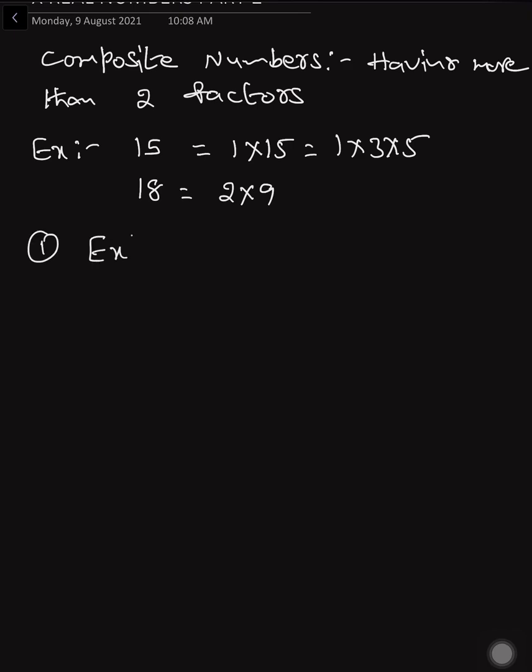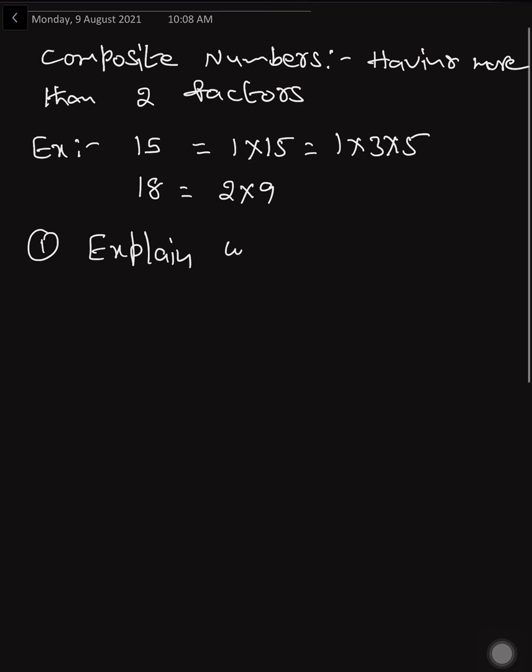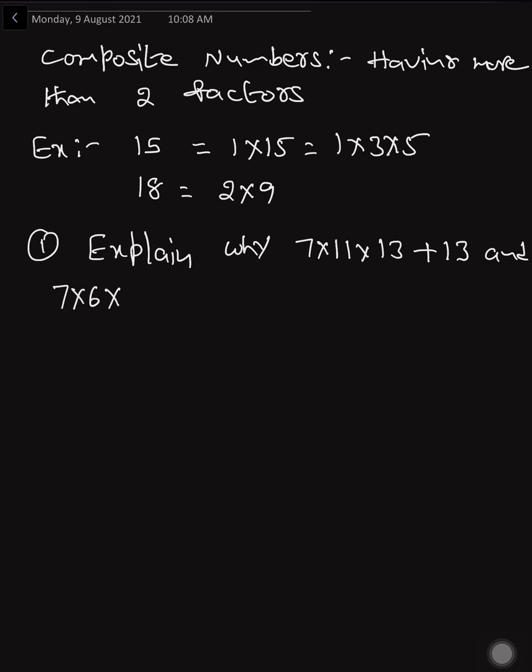Explain why 7 into 11 into 13 plus 13, and 7 into 6 into 5 into 4 into 3 into 2 into 1 plus 5 are composite numbers.